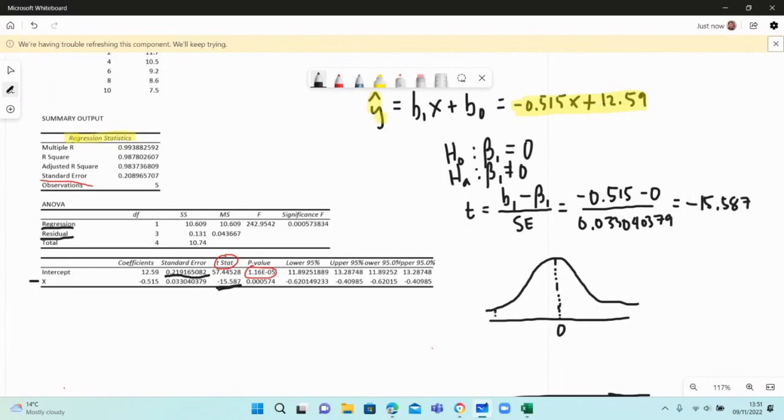Okay, and the fact that our significance level is equal to 5% or 0.05 means that these two regions here are the rejection regions, and each of them will have an area of 0.025.